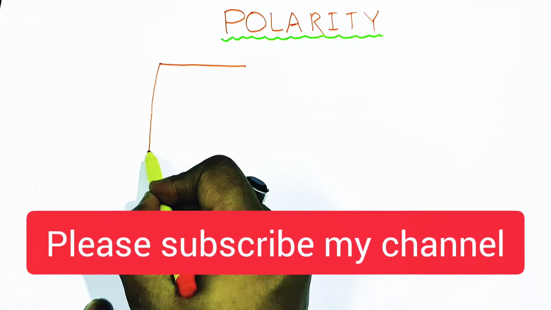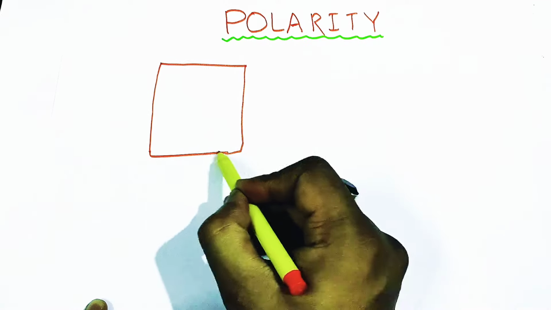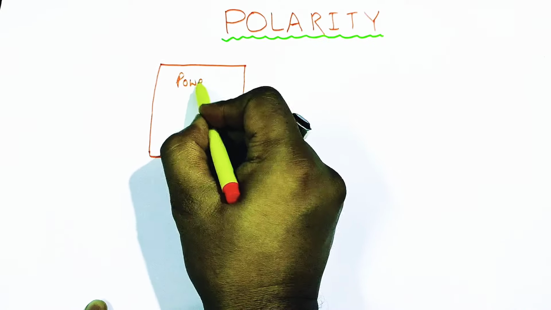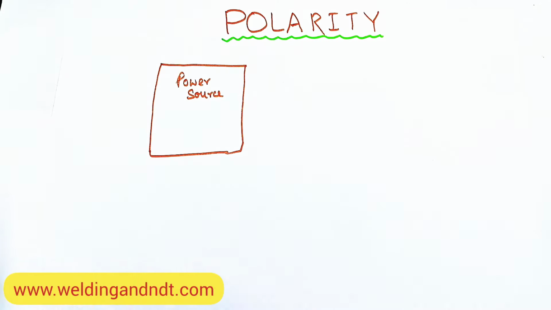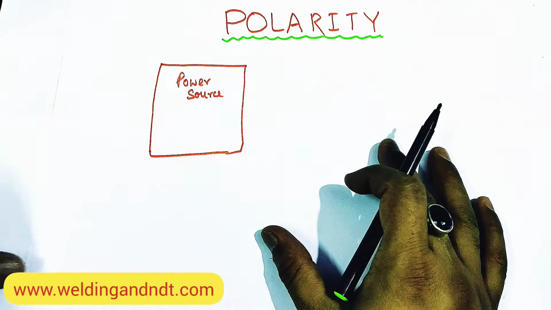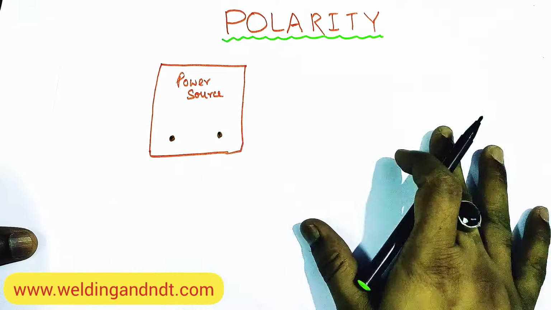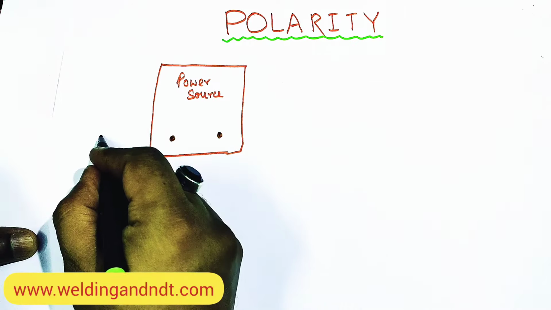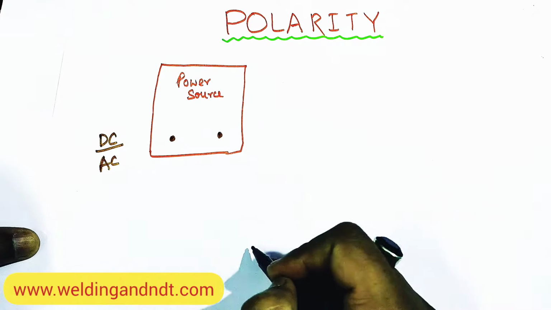Friends, in any welding we need a power source. And this power source is sufficient enough to produce required power for the welding. The output of a power source can be either DC or AC, alternating current.